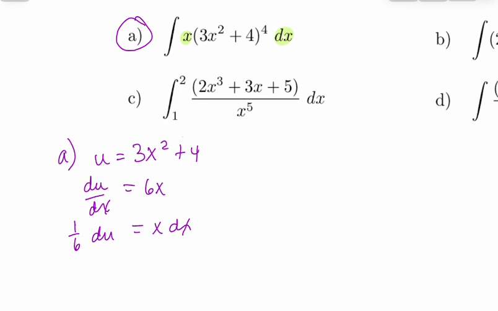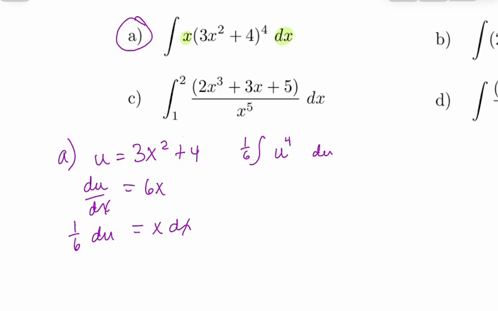That means in the problem, we get to substitute in for the x dx, 1/6 du. The stuff that was stuck is what we made u, so now the stuff that's stuck becomes a u to the fourth.